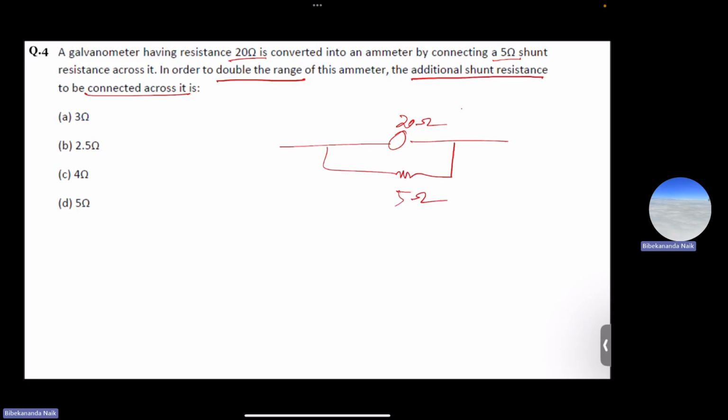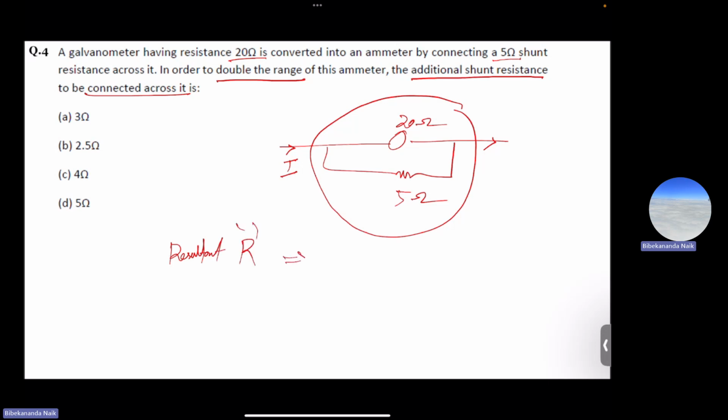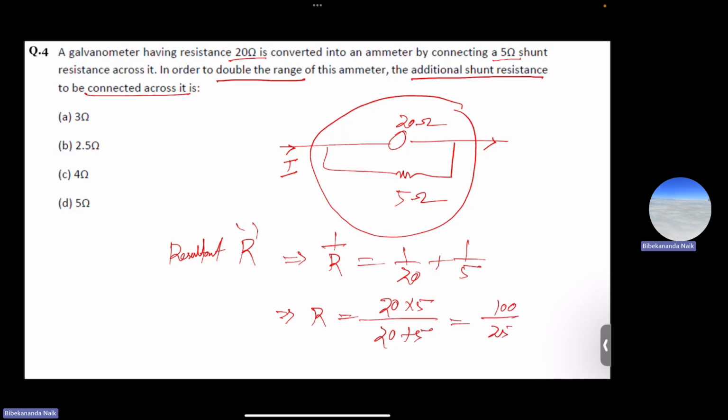For this whole combination, what will be the equivalent resistance? We know 1/R = 1/20 + 1/5. That implies R = 20 times 5 divided by 20 plus 5, so 100 by 25, which is 4 ohm. So 4 ohm is the overall combination.